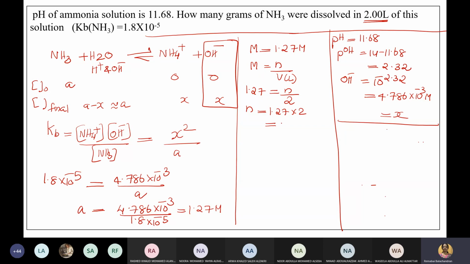Is equal to how much? 2.54 moles. This is the number of moles of NH3. So how do you find the mass of NH3? Number of moles multiplied by molar mass. So that is 2.54 times the molar mass of NH3, which is 14 plus 3, equal to 17.